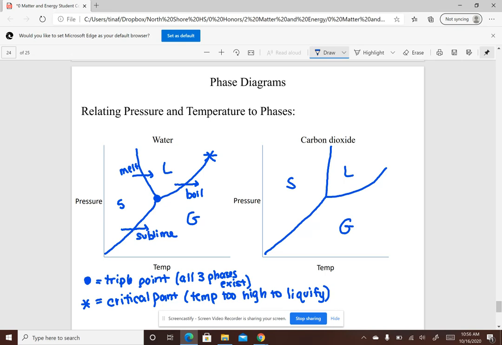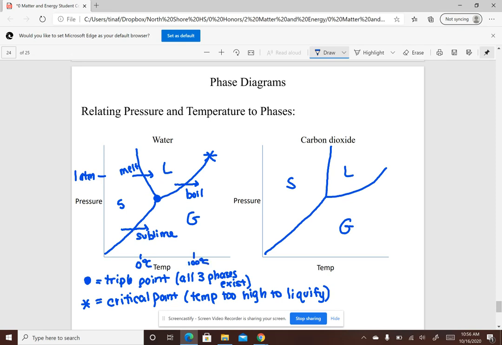So how do we know what something's melting and boiling point is? At 1 atm. 1 atm is standard pressure. So for water, 1 atm would be up there, okay? And it would be melting at around 0 degrees Celsius and boiling at about 100 degrees Celsius.